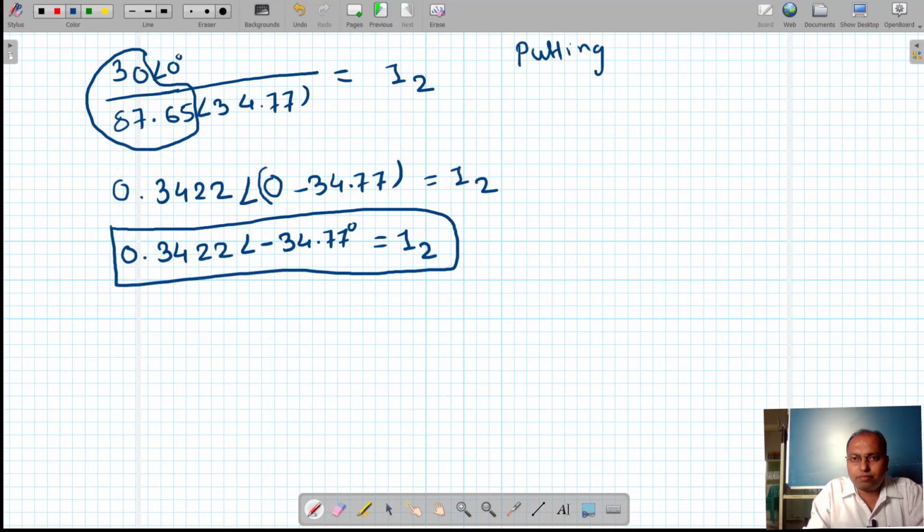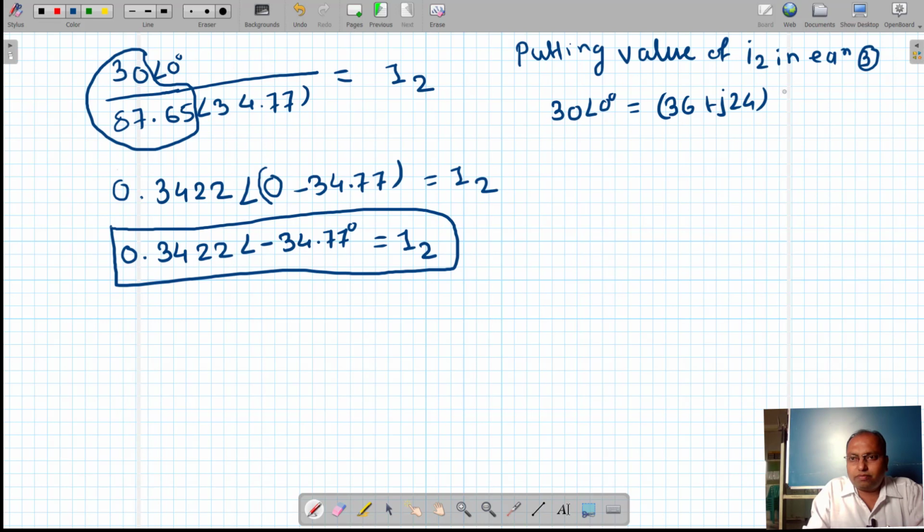Putting the value of I2 in equation number 3, we get: equation number 3 was 30 angle 0 is equal to (36 plus j24) I1 minus 36 times I2, which is 0.3422 and angle is minus 34.77. Okay, so let us do the multiplication.